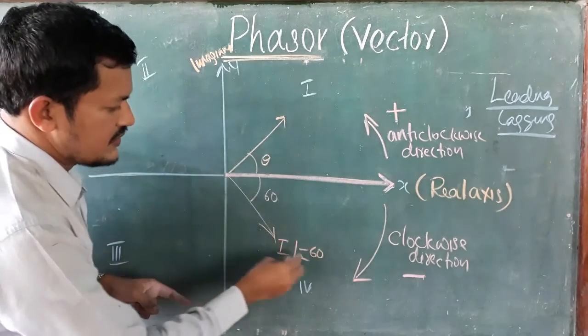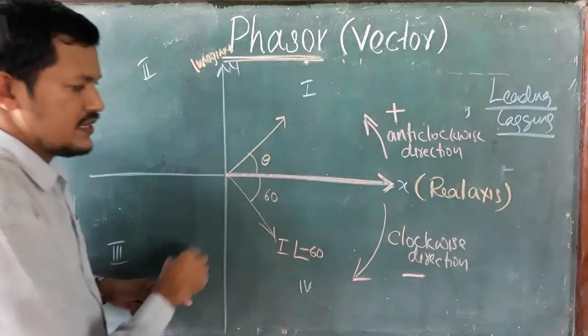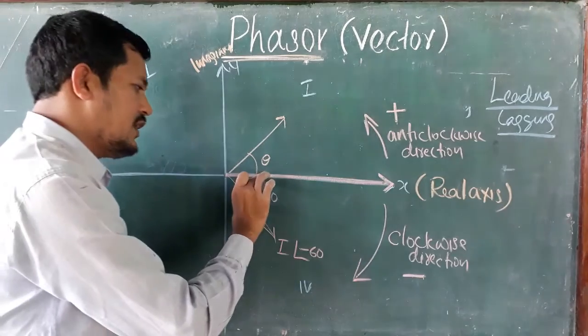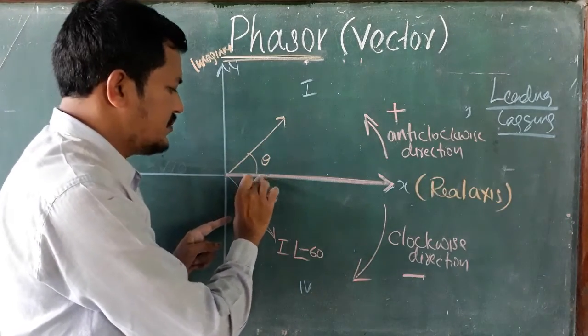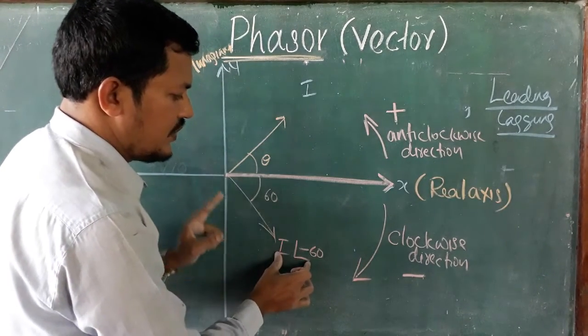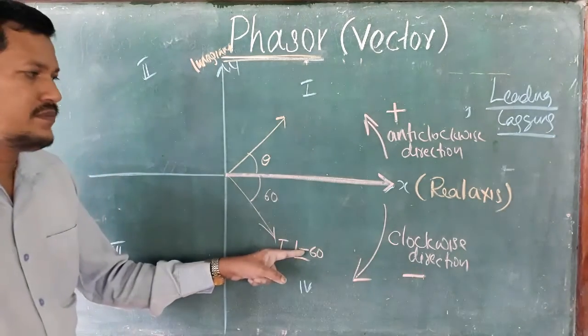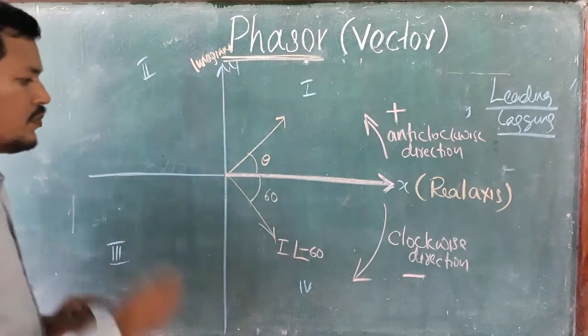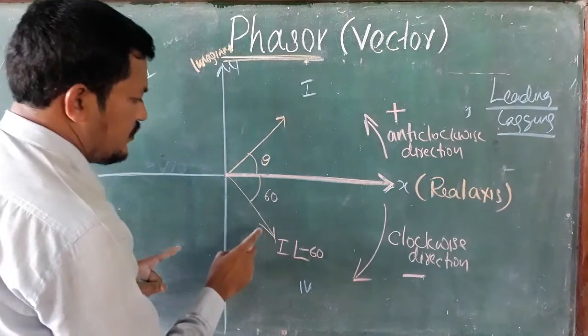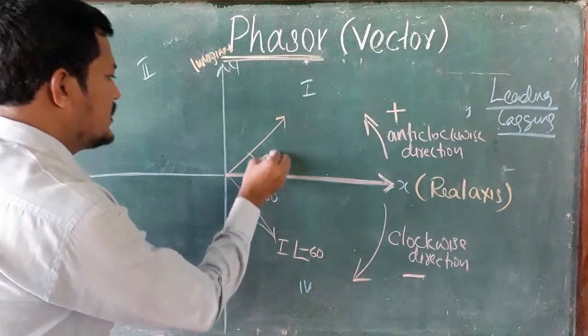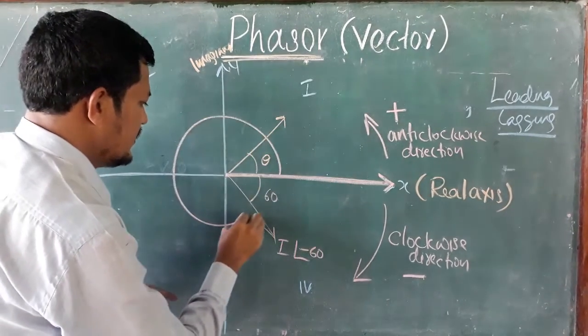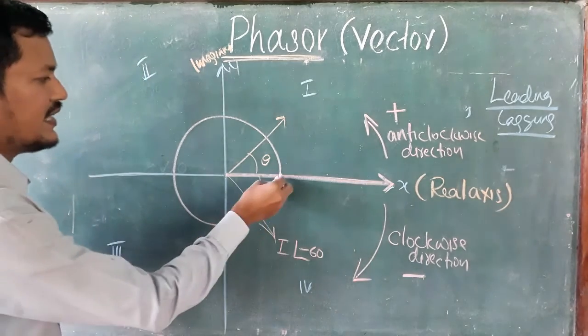So for clockwise direction we have to include minus. The magnitude of the angle is 60, but while writing the polar form we have to write minus 60. Clear? Or one more: suppose you want to write a positive value, you have to measure in the anti-clockwise direction. What is the angle now?